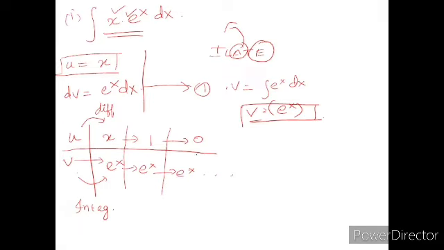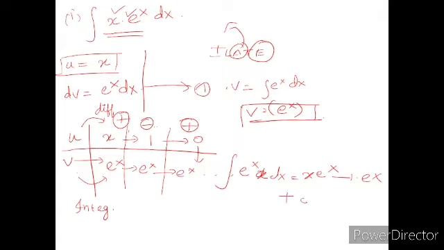Now no problem, because we are going to multiply this, correct? So plus, minus, plus. So my formula is integral x e to the power x dx equal to u into v. So x e to the power x. So this is plus and this is minus. So minus 1 into e to the power x. Then again plus 0 into e to the power x.